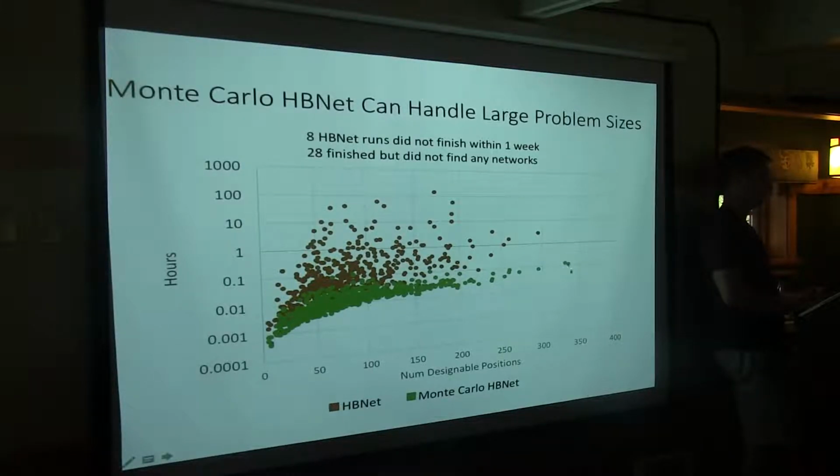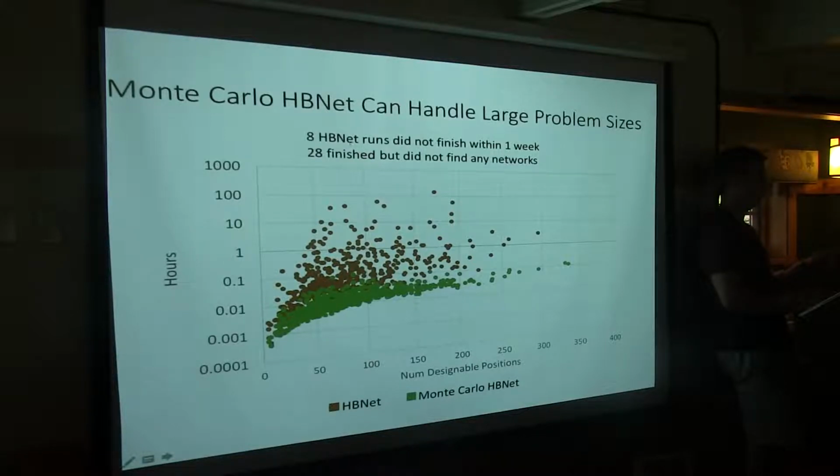For example, you can see some of the Monte Carlo points here don't have an HBNet that they correspond to. And these finished, 0.1 hours is 6 minutes, so maybe these took 7 minutes, whereas their HBNet counterparts took longer than a week. But not all of the ones that didn't finish were large.